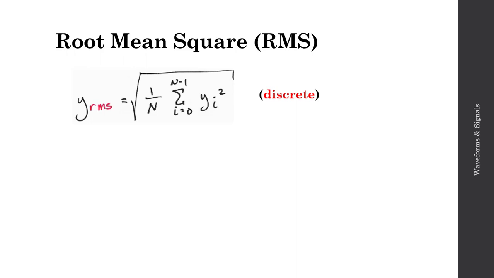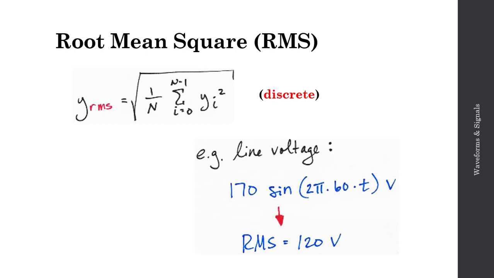A great example of applying this concept of root mean square values is to take a look at line voltages. So a line voltage is the voltage source, say, in your wall that you're plugging your laptop power supply into. Now you might think of this as a 110 volt or 120 volt signal. However, that signal is actually something more like 170 times sine of quantity 2 pi times 60 times t, where now I'm using little f as my frequency.